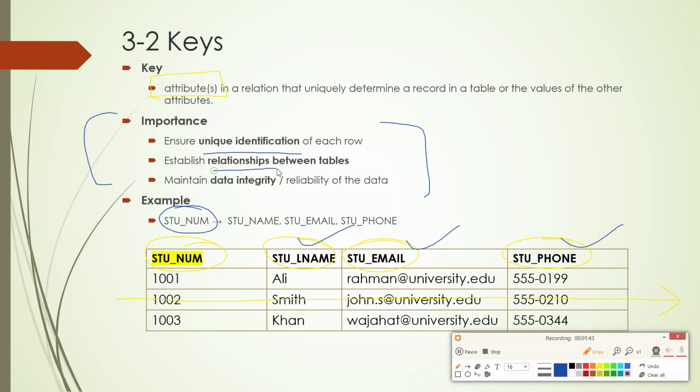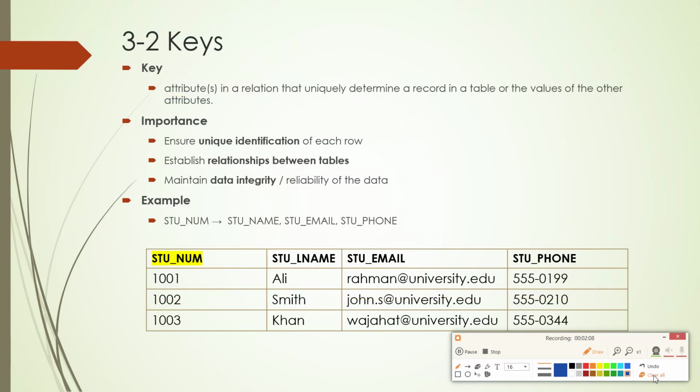The second is that if we have many tables, relationships can be established between the tables using the primary key. And the third is data integrity, which means that the data will not be inconsistent, and it would be reliable data. So these are the reasons that we need keys within relational databases.